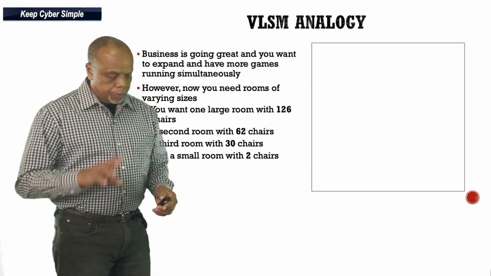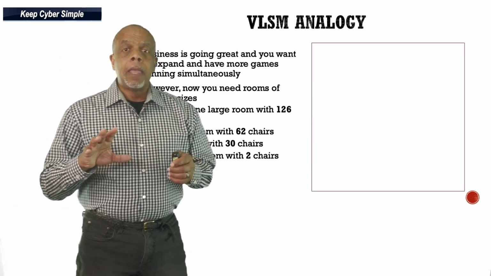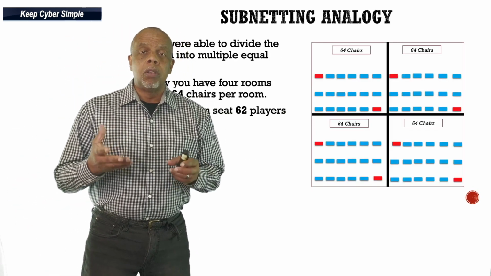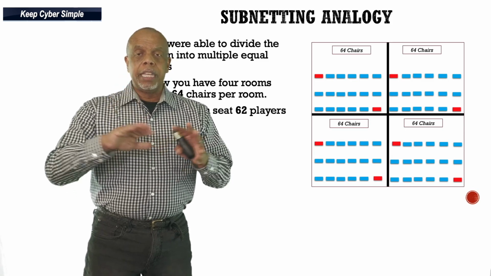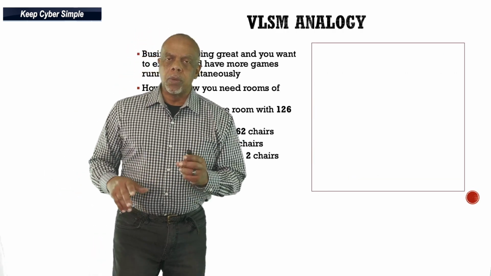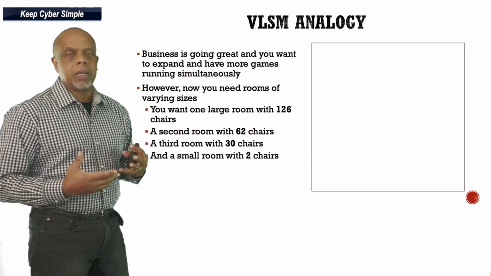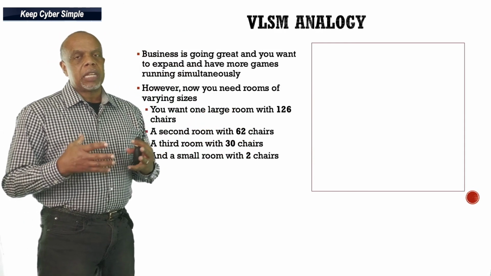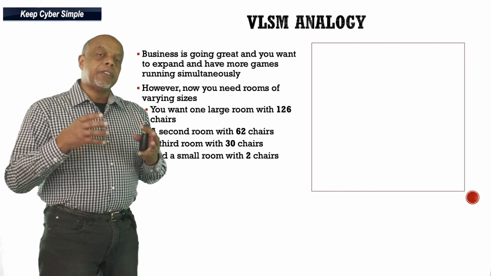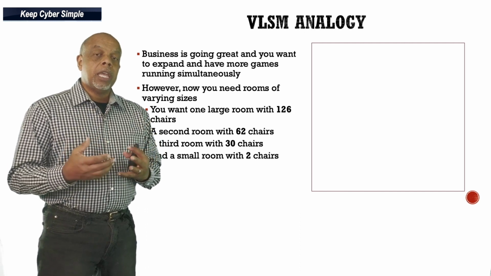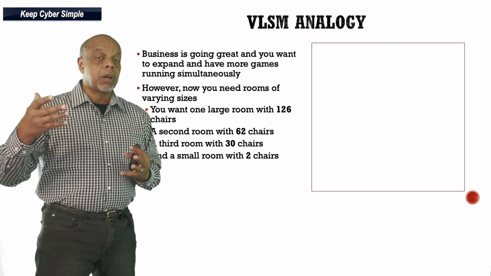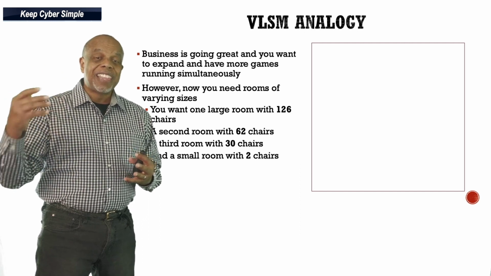And that was all well and good, right? But you see what it is. If you notice, all of these were symmetrical, meaning that it was evenly divided. Let's say you have a situation where, okay, you want to expand your bingo business, things going well, but you notice that, well, you have a lot more people who want to play the $25 cards than you do people who want to play the $100 cards, the $500 cards, and the $1,000 cards.